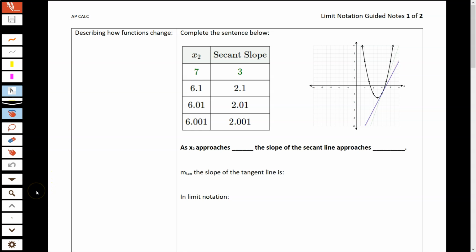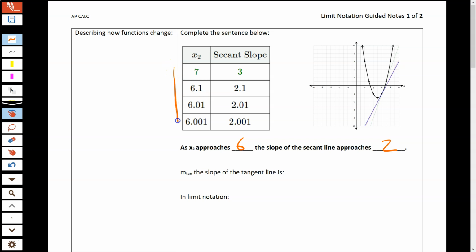Here we're going to continue our study of how functions change. And we're going to continue to play with this idea of looking for patterns in outputs as we allow inputs to approach certain numbers. Obviously, as x2 approaches 6, the slope of the secant line approaches 2.